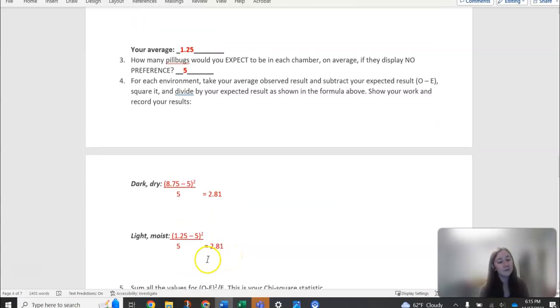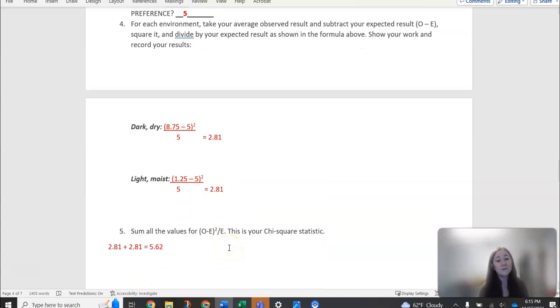And for our light moist environment, our observed average 1.25 minus 5, square that, divide by 5, we get 2.81. And then we sum them. I realize this could have been worded better: there are only 2 values. So 2.81 plus 2.81 equals 5.62. That is our chi-square statistic.